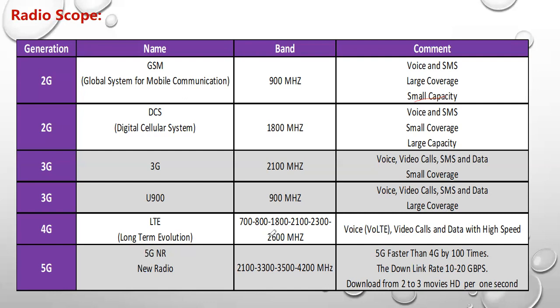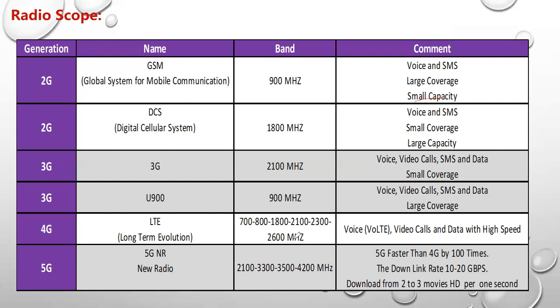Now, after that 4G came down, and it is called in this field the LTE, which is long-term evolution. It came down with many bands like the 700, 800, 1800, 2100, 2300, 2600 megahertz. All of these are bands that are used in the 4G, and you can find a site having two bands as well.